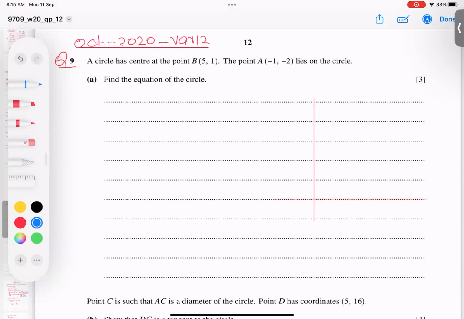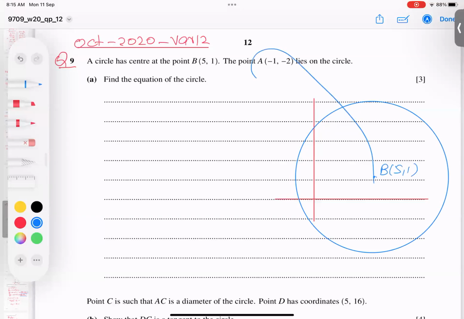The center of the circle B is given as (5, 1), and the point is (-1, -2), somewhere here.